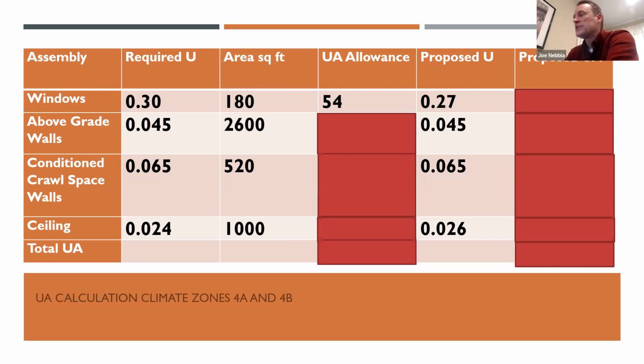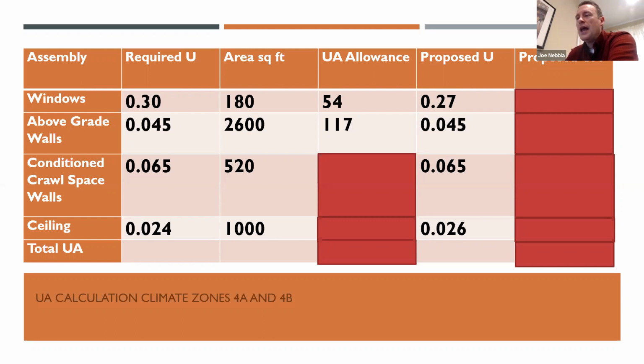For above grade walls, if I'm putting in that R20 plus 5, which is now the climate zone 4 requirement, and I have 2,600 square feet of above grade walls, then I've got a UA allowance of 117. Then a conditioned crawl space, which happens a fair amount in climate zone 4, especially on the coast.